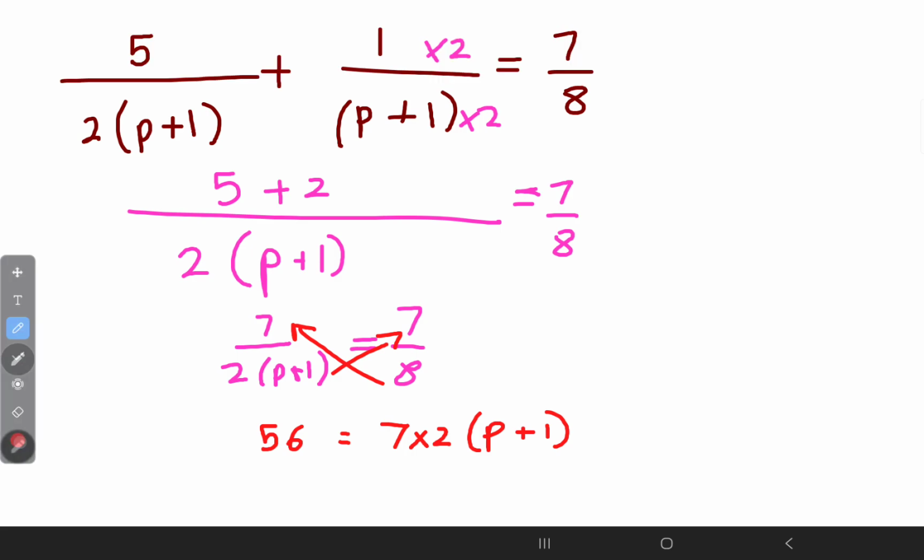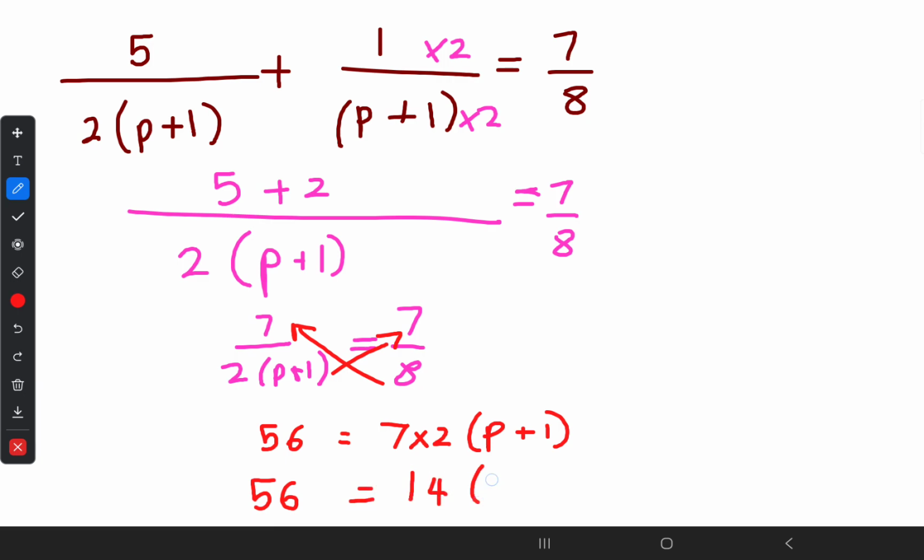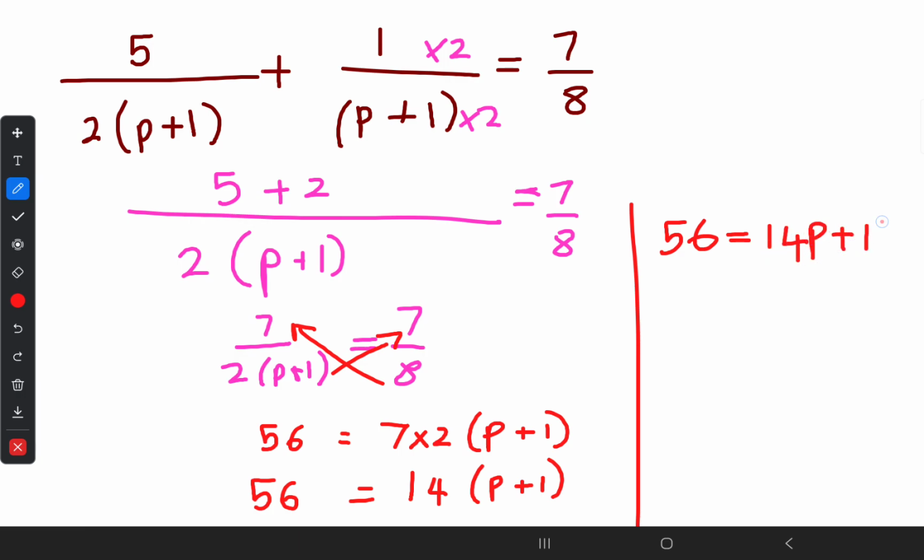Both should be multiplied. 56 equals 14 times p plus 1. Not only 7, not only 2: 14 times p plus 1. So 56 equals 14p plus 14.